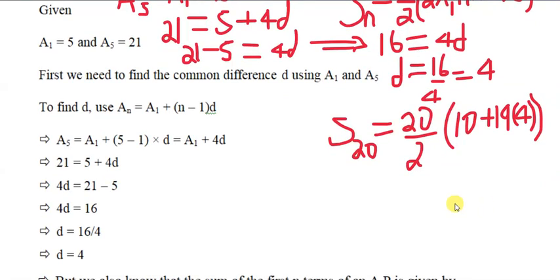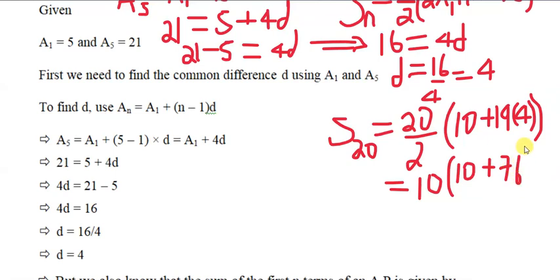And therefore this thing becomes 10, when 20 divided by 2 gives us 10. And 19 times 4 means it is 76.